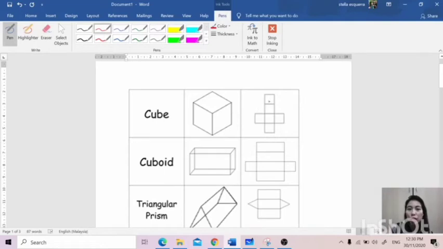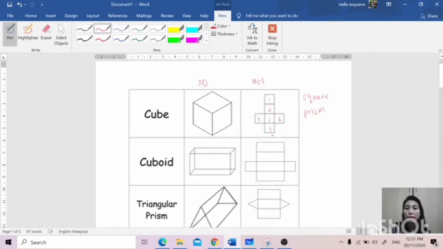The cube, which we also call a square prism, has 6 square shapes. 1, 2, 3, 4, 5, and 6. So this is the net for a cube. When you join all of these together, you will get a cube. So this is the 3D object.